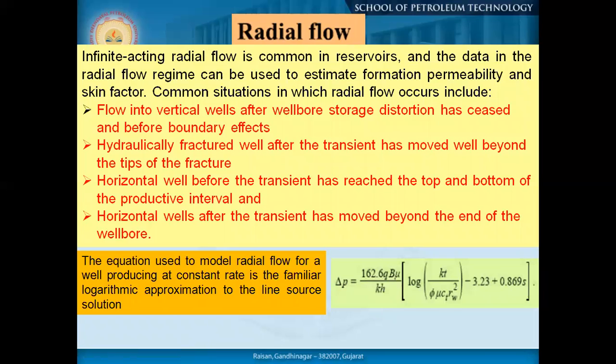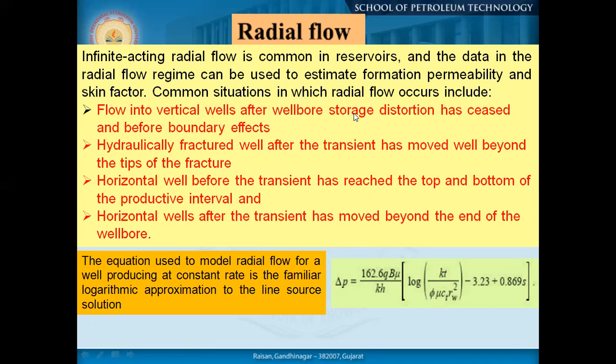The data in the radial flow regime can be used to estimate formation permeability and the skin factor. What we have discussed about the normal KH, we then use for skin determination. A common situation is flow into a vertical well after wellbore storage distortion or skin effect distortion has ceased and before the boundary effect.